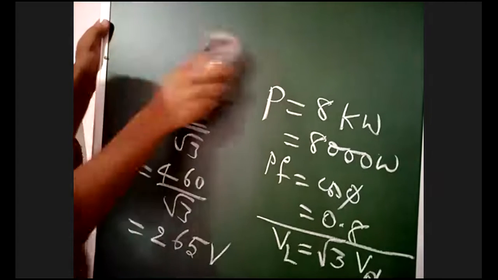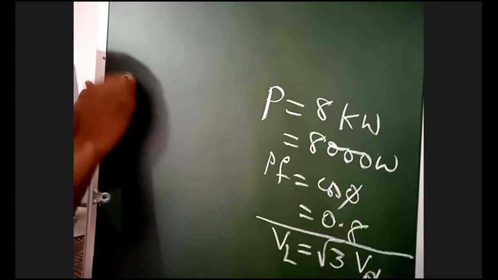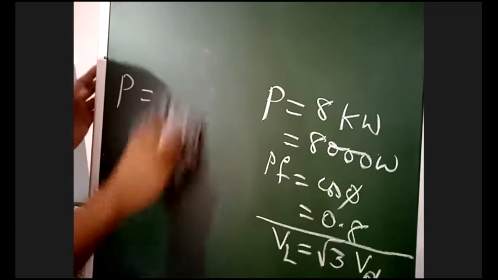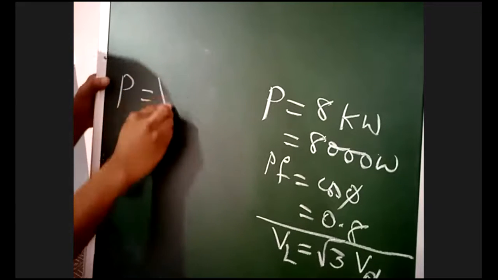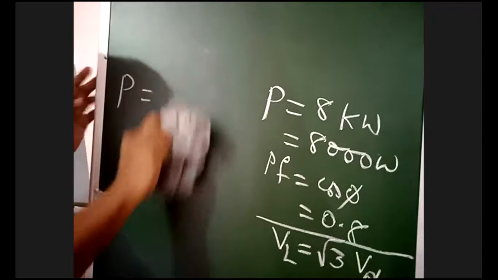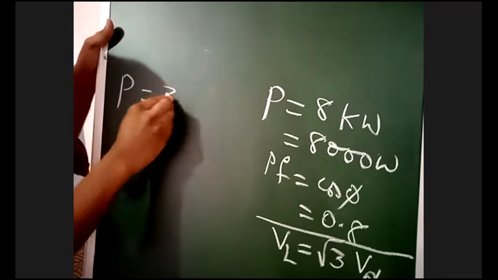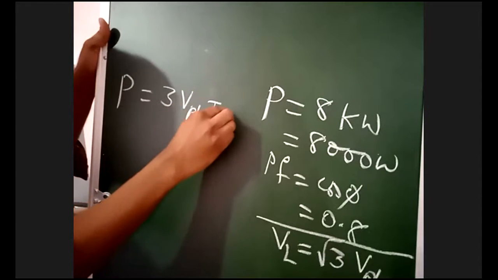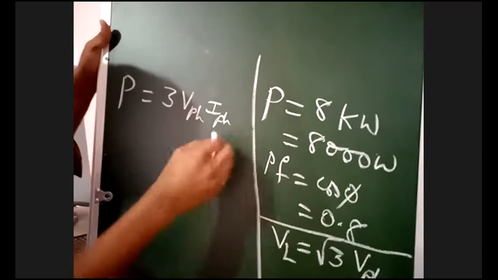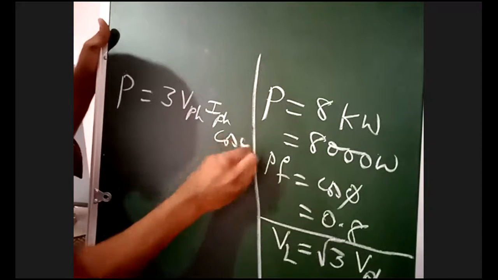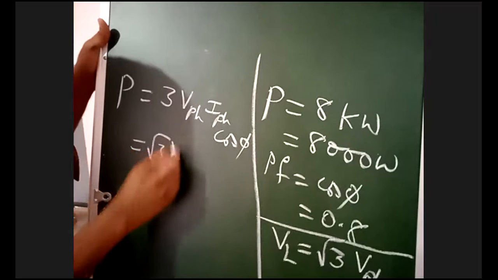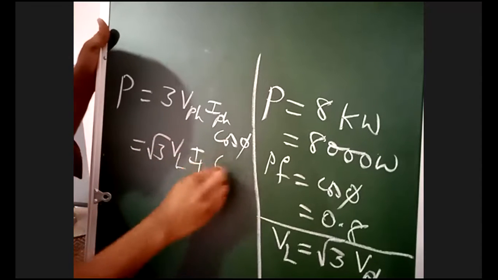Okay. Now see here. They have given the power. We know power P is equal to. What is the formula for P? 3 V phase I phase cos phi, or root 3 VL IL cos phi.